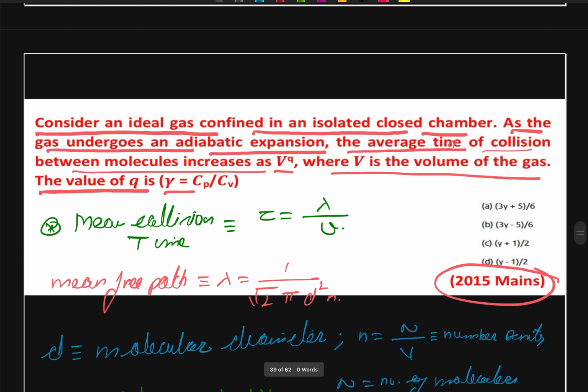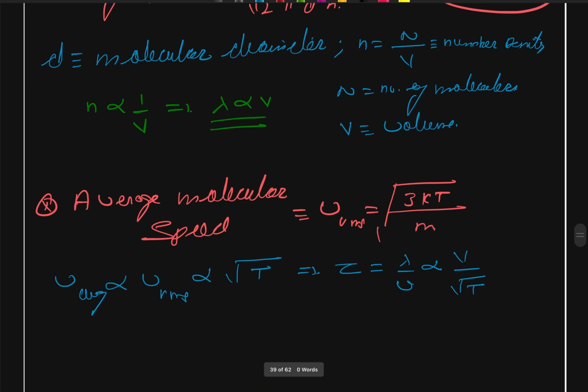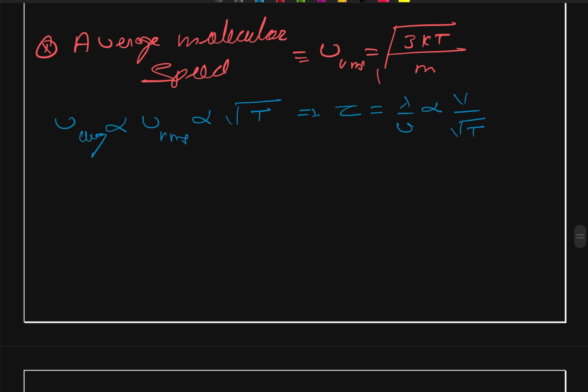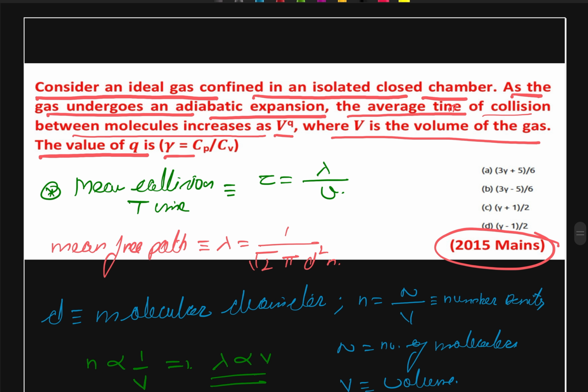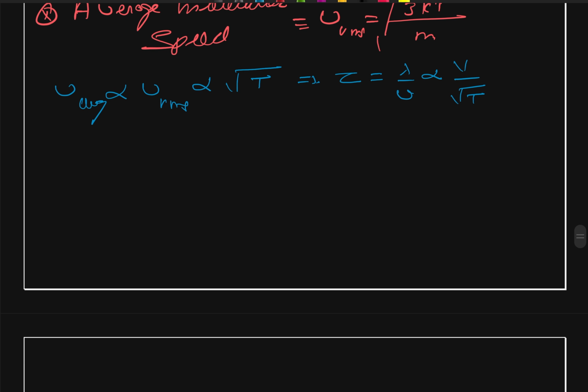We are said to be this as adiabatic expansion, so we are going to modify, because we need the relationship between the volume and temperature. Then we can just substitute T by V, because in the question tau is given as volume raised power Q. So everything has to be in volume.